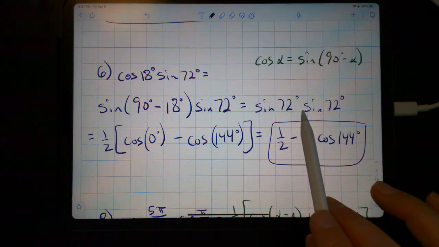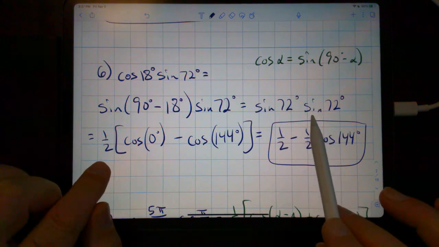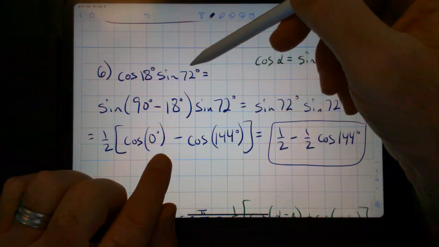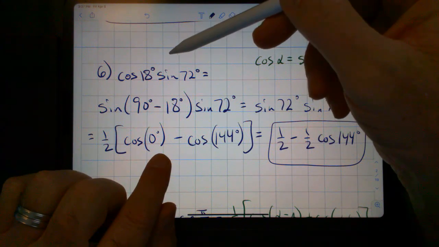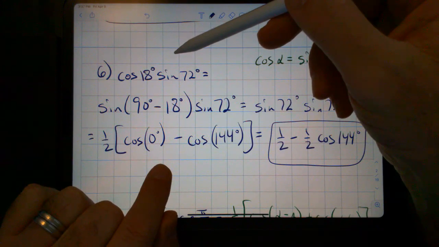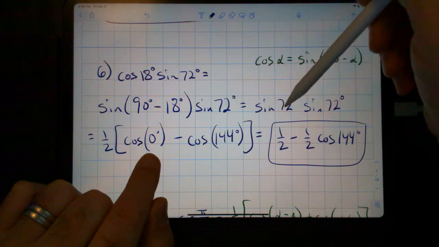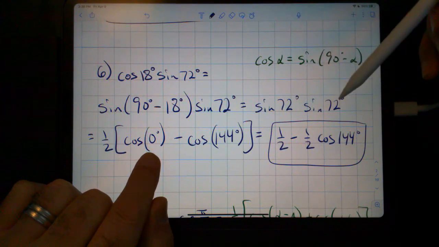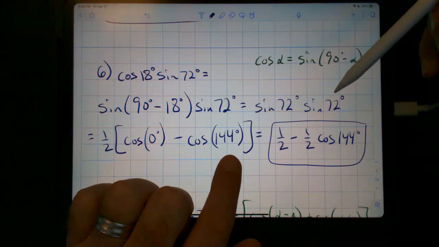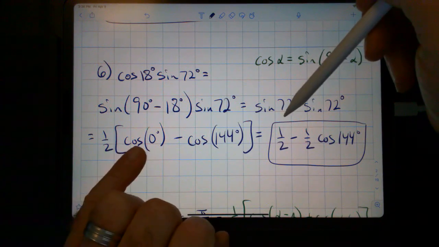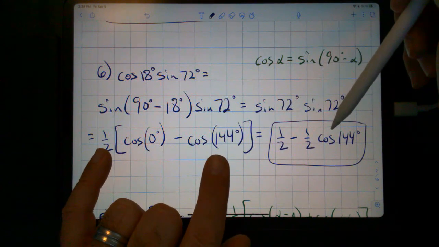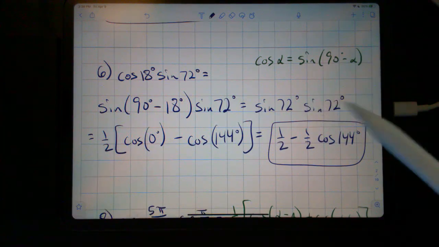But with the product to sum formulas, this is going to be the same thing as 1/2 of cosine of their difference, 72 minus 72 is 0, minus cosine of their sum, 72 plus 72 is 144. Cosine of 0 is 1, so 1/2 times 1 is 1/2, and the 1/2 times negative cosine 144 is minus 1/2 cosine 144.